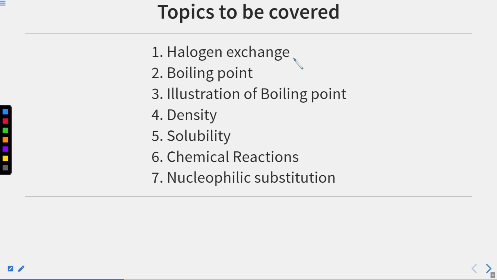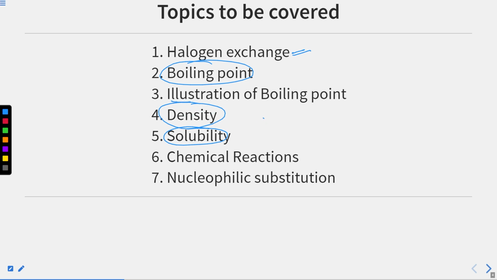I will cover the last of the preparation methods, that is halogen exchange, and see how we can prepare alkyl fluorides using the halogen exchange process. After that we will move to physical properties, in which we will see boiling points, density and solubility.